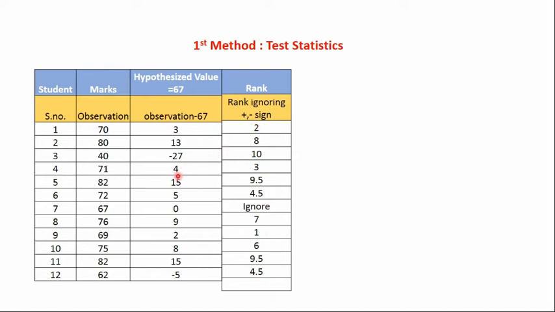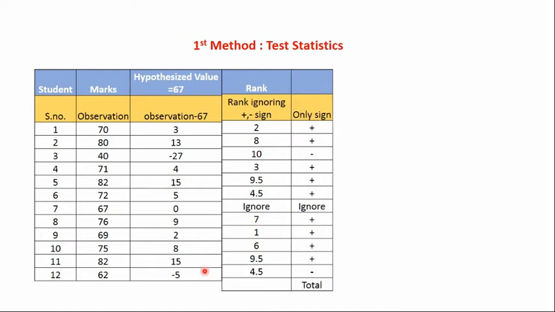Our next value is 4, we will give rank 3, and next value is 5, but 5 appears 2 times, ignoring plus minus sign. Now, original ranks are 4 and 5, but we will give average rank, 4 plus 5 divided by 2, 4.5 and 4.5. Friends, in this way, we will give ranks ignoring plus minus sign to the differences of the values.